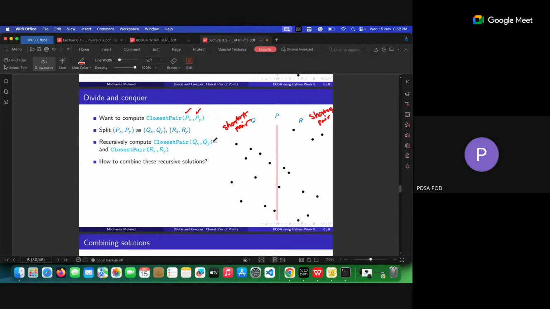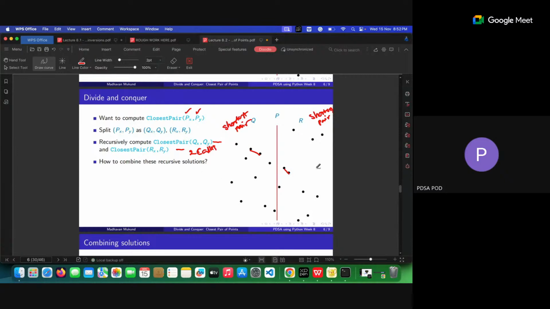Two recursion calls have been done, one with the left part and one with the right part. In this case, maybe one of the closest pairs is this, and maybe the other is this. Now we try to combine these solutions.